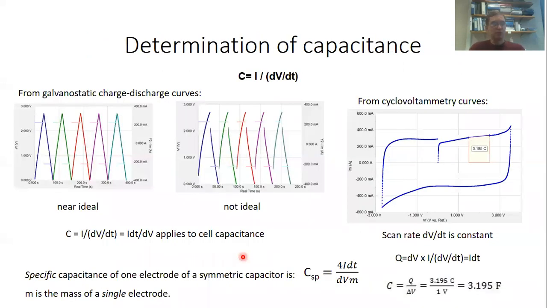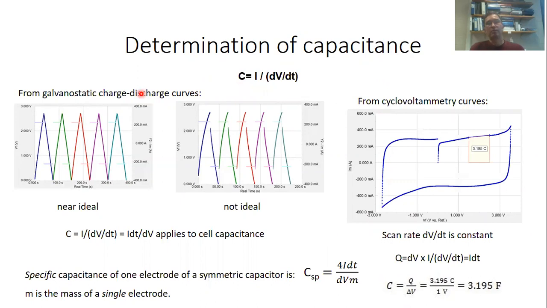All right, so how can you determine capacitance experimentally? There are two basic techniques that you can use. You can determine capacitance from so-called galvanostatic charge-discharge curves, in which you keep the current constant, or you can determine capacitance from cyclic voltammetry curves, in which you keep the scan rate constant.